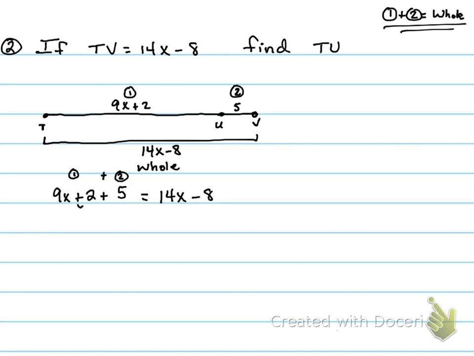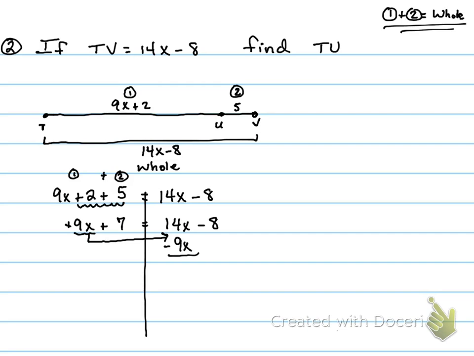Again, I'm going to combine my like terms. Okay, so that's 9x plus 7 equals 14x minus 8. Now, the only way for me to get like terms is to go across the equal sign. So I like to pick the smallest x to deal with. It is a like term with 14x, but when I move it across that equal sign, this positive 9x becomes a negative 9x.